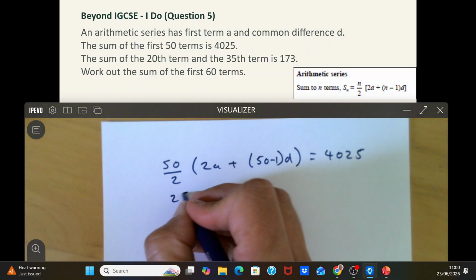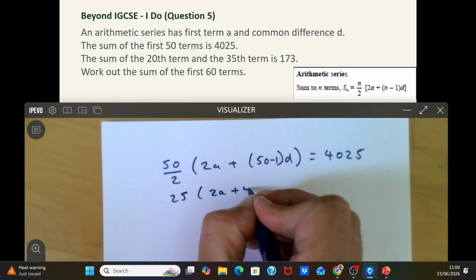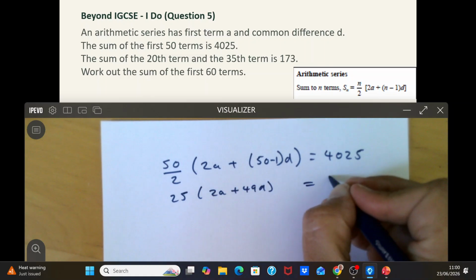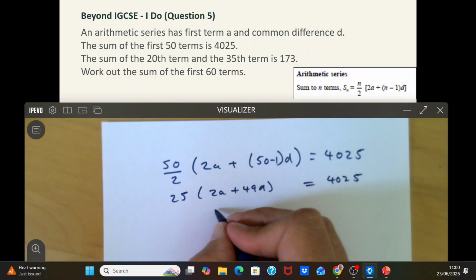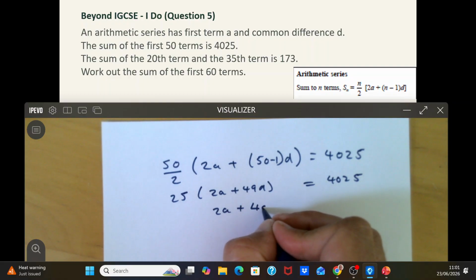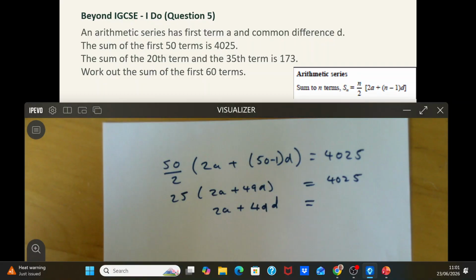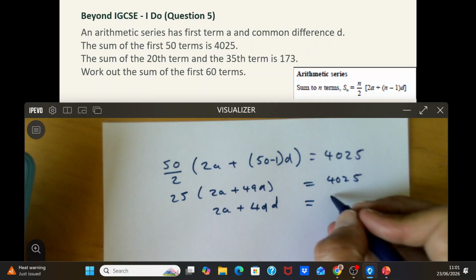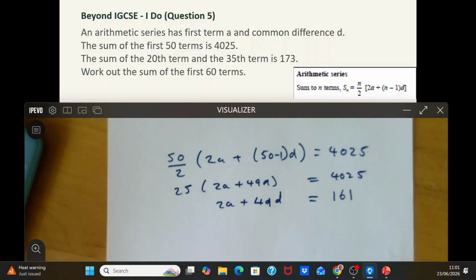So 25 times 2a plus 49d equals 4025. So 2a plus 49d equals 161. Done that.